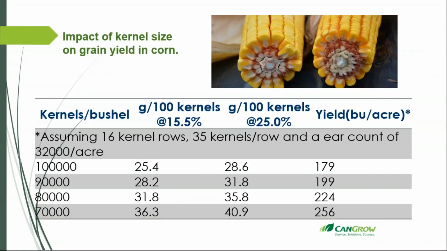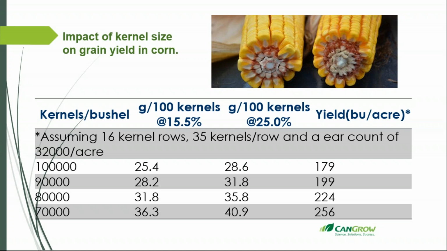So the impact of kernel size: we have a little chart here, and we can see the impact that kernel size has on grain yield. Here, planting at 32,000, 16 kernels around, 35 kernels to the row.